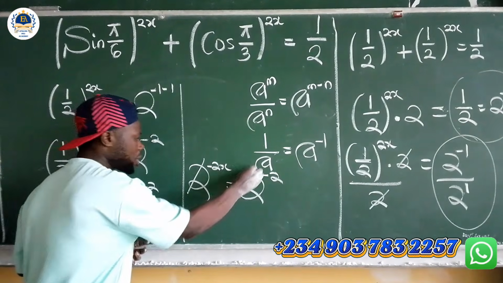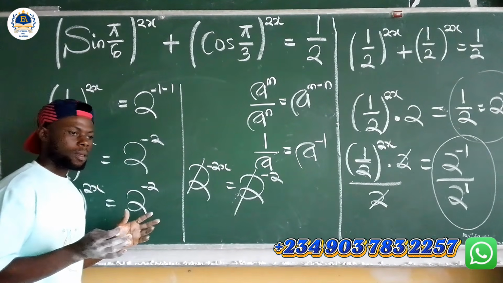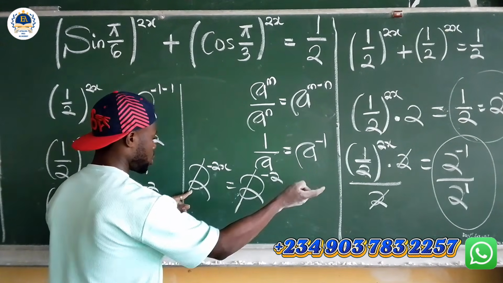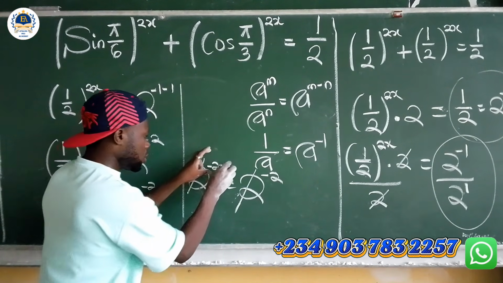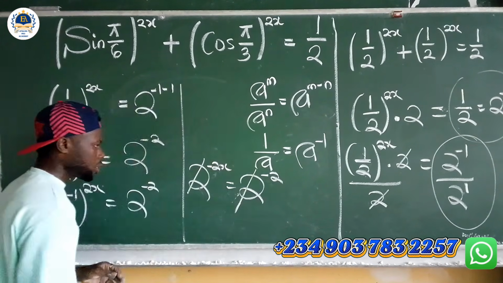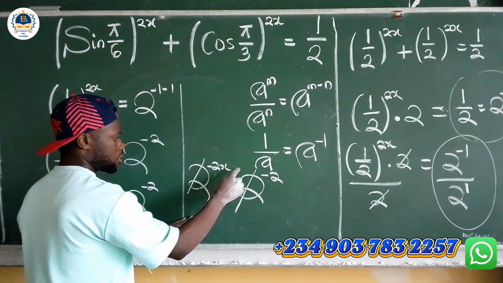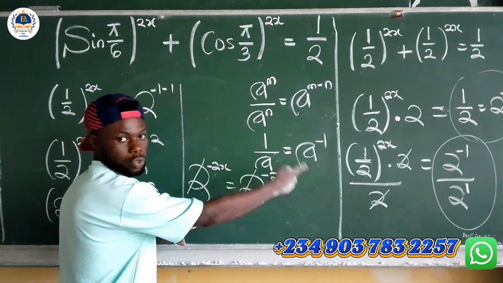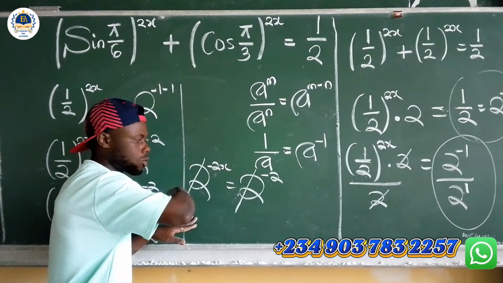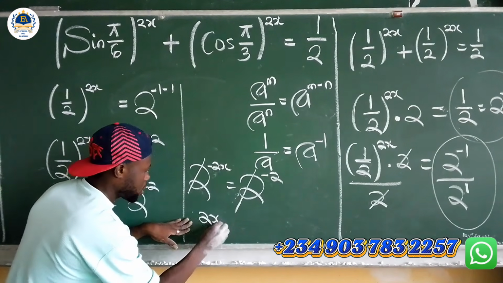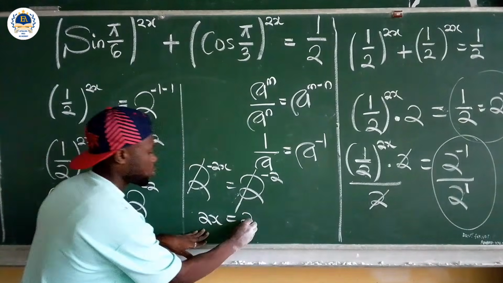Because we have equal bases, they will go to work. The mother and the mother, they are going to be left with the children. So in the children, we have minus 2x is equal to minus 2. The minus signs here will cancel out. So we are left with 2x is equal to 2.